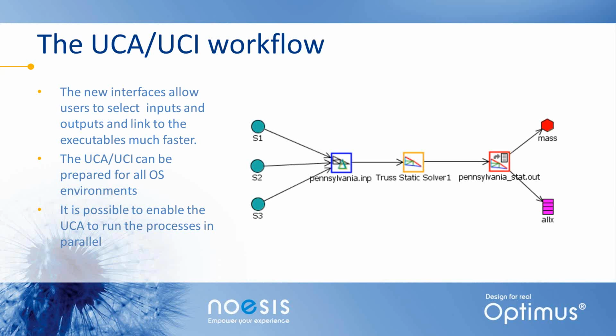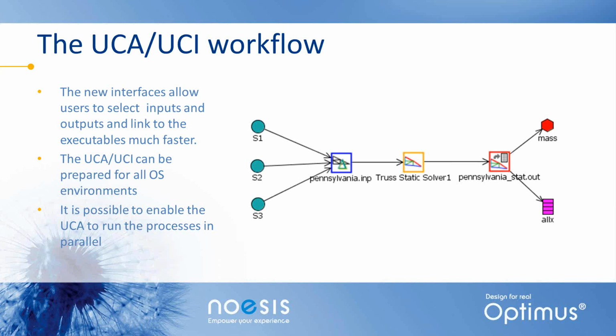In the center in yellow you have what is called UCA, that is the node, the icon that is really calling the executable of your solver, and on the right hand side of the workflow you see the icon that is bordered in red. As for every output icon in Optimus, you have the output UCI. And all in all, you see that we can define an entire process, putting together the UCA, the UCI for the input and for the output.